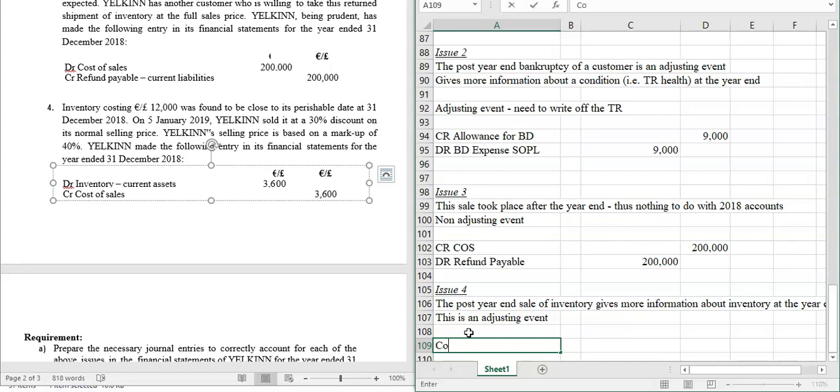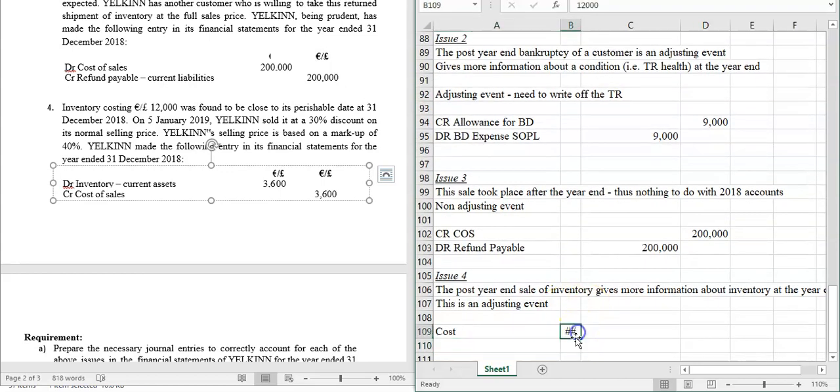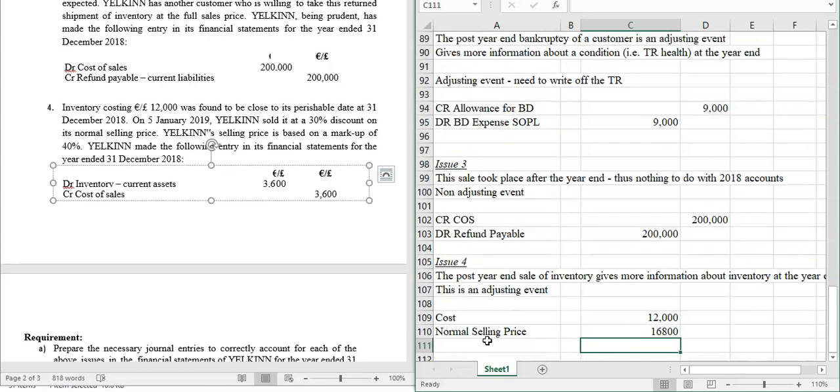So its cost, we're told, 12,000. Now this is where some students are going to get caught. Their normal selling price. The normal selling price is 12,000 times 1.4. Remember, based on a markup of 40%. Normal selling price, 16,800.